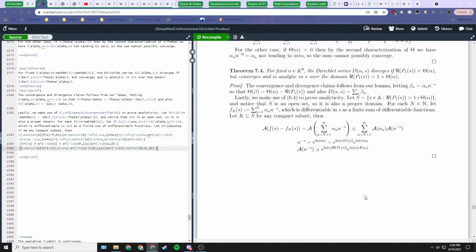S is, let me think on that. S is compact. Maybe we don't need to do that. Yeah, I think we need to use that. I think we're just going to need to do it all out. That's fine.